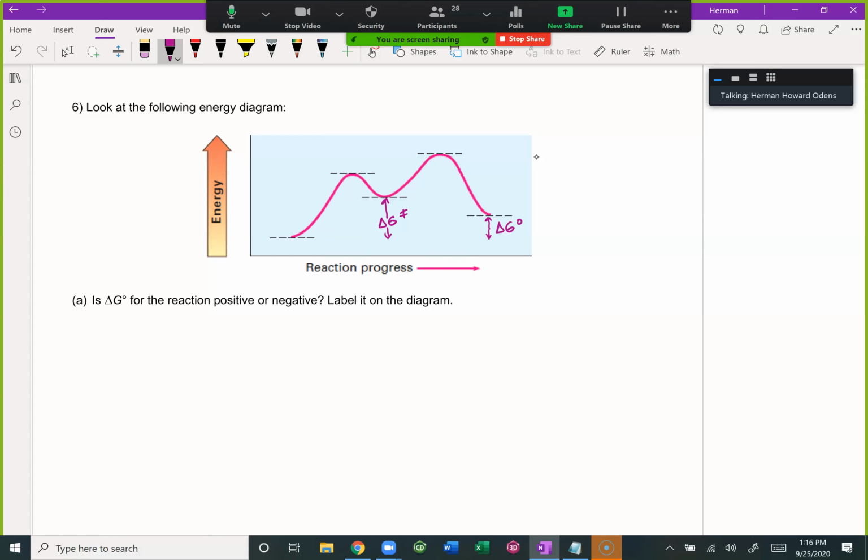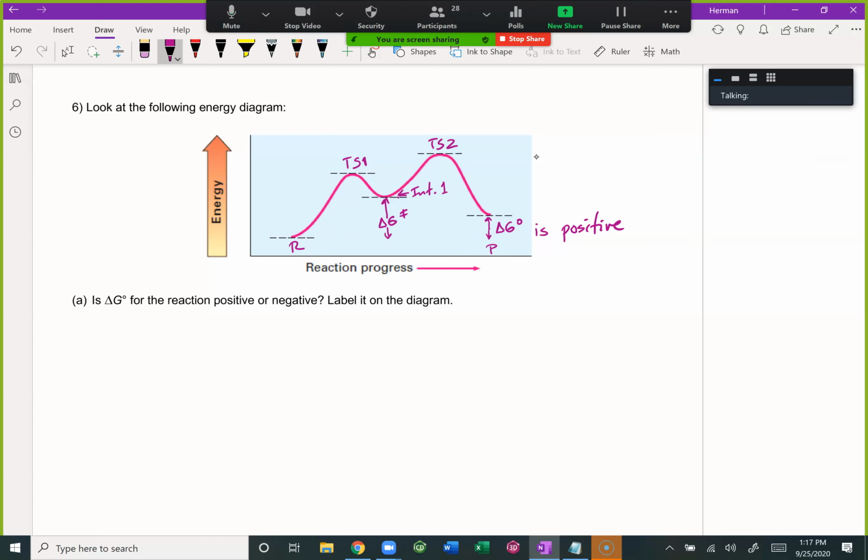Your delta G0 will be positive or negative? Positive. Positive, very good. Thank you, Christian. So it's positive. So you have transition state 1 here, transition state 2. Right here you have your intermediate 1, if you want to call it. And here is reactants, and here is products.